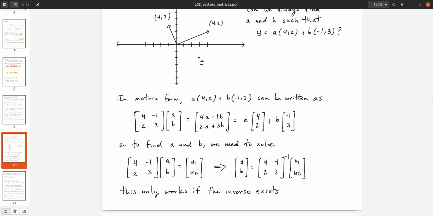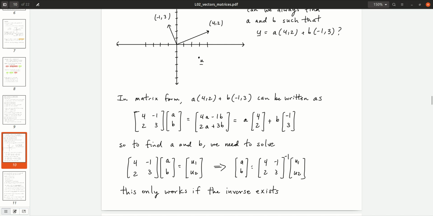Now, what we really want to show is that if we have some vector u1, u2, we can find an A, B such that this equation is true. And what this really means, if you think about matrix multiplication, is that if we multiply on the left of both sides of the equation by the inverse of this matrix, then we'll get the inverse times the matrix, which is the identity.